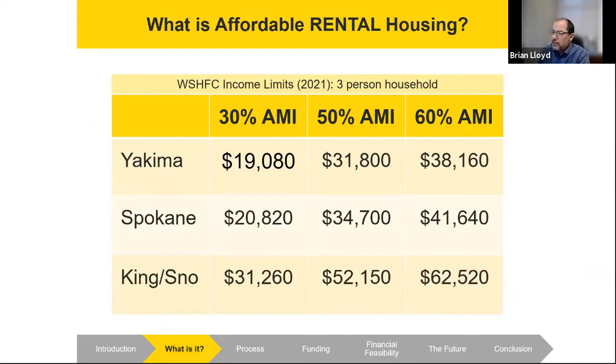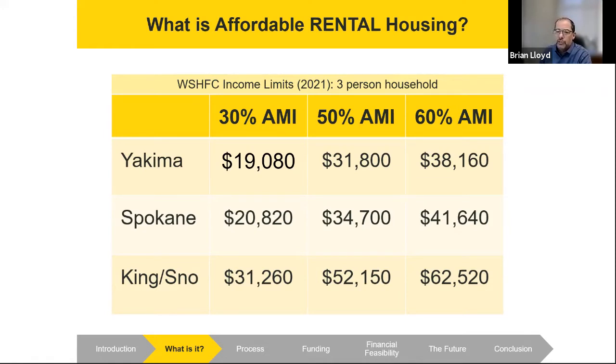So here's an income chart showing you a few different counties and the 3 main AMI levels, 30, 50, and 60. So you can see that 30% AMI in Yakima County is $19,080 for 2021, and that's for a 3-person household.